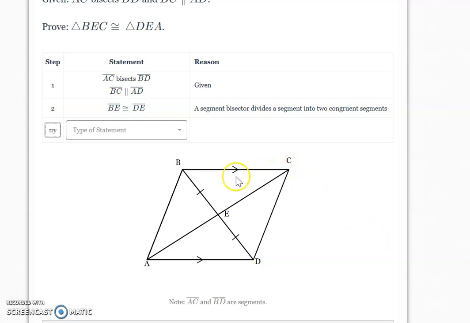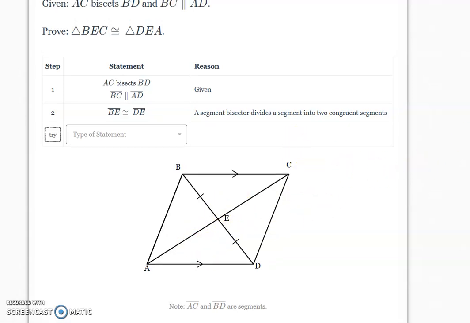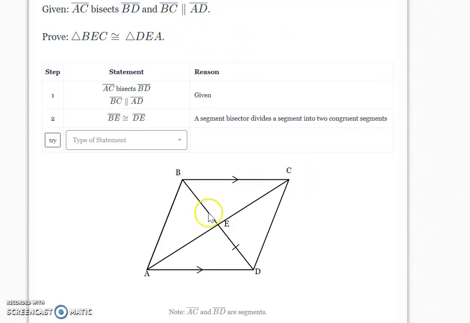Okay, next up. And again, remember we're going for this triangle up here with this triangle down here. All right, I'm going to use the fact that those two sides BC and AD are parallel to each other, because I know whenever I have parallel sides, I can always count on alternate interior angles. So if this side and this side are parallel, I'm going to use CA, and I'm going to say that this angle up here is an alternate interior angle with this one down here.